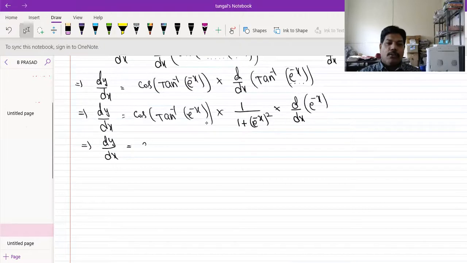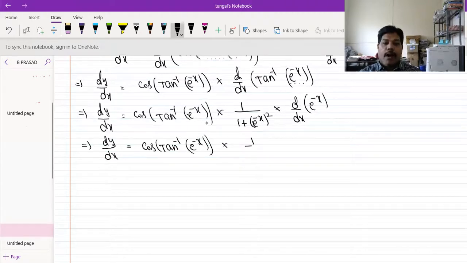is equal to cos of tan inverse of e power minus x into 1 by 1 plus e power minus 2x into the derivative of e power f of x.